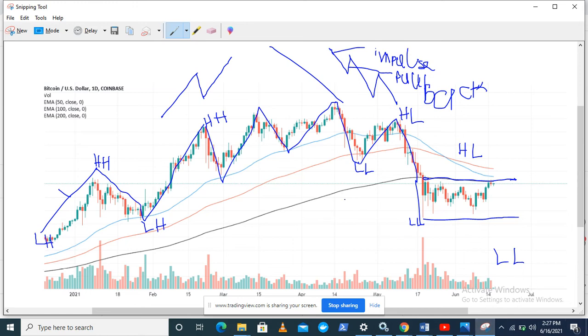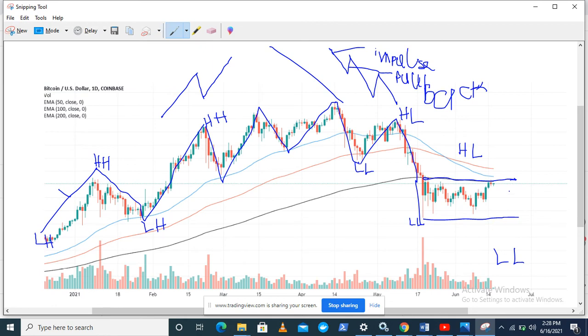A ranging market, on the other hand, would range between two boundaries. You have to be a very good expert scalper to be able to trade that. You need to be able to time your entries at the originating and terminating points of the upper and the lower boundaries.